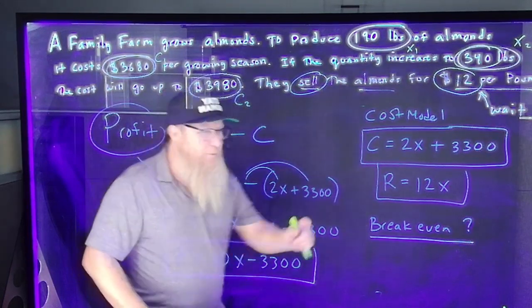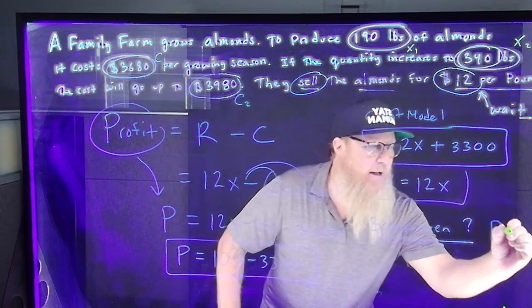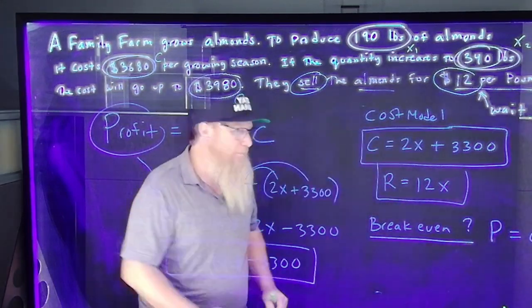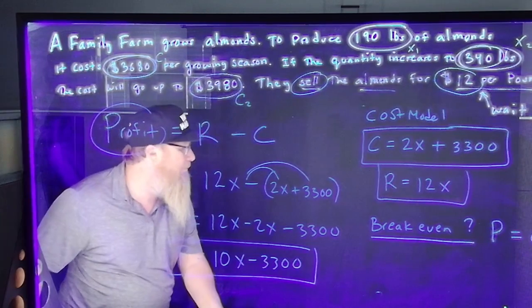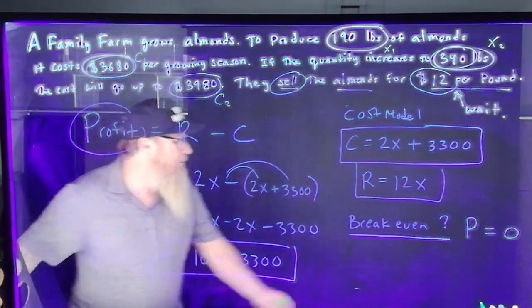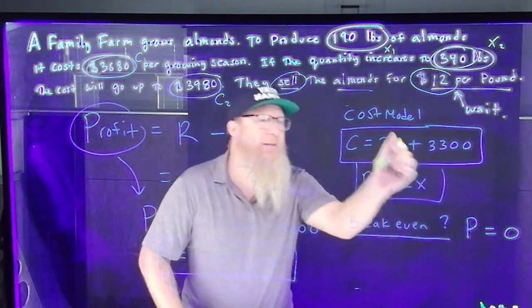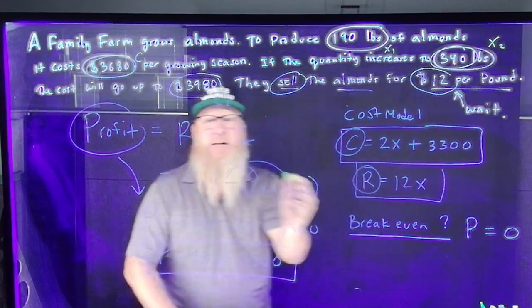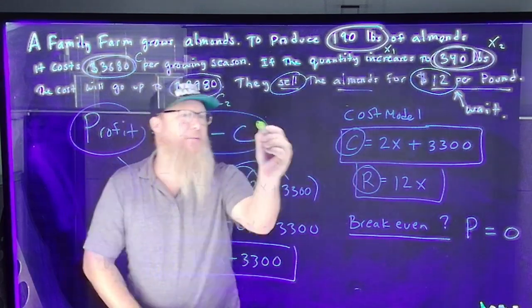All right. So remember, breaking even means that the profit is equal to 0. So if the profit is equal to 0, that means that the revenue and the cost are equal to each other.